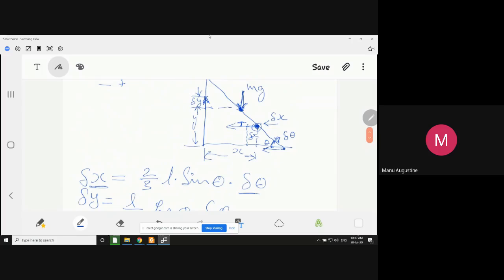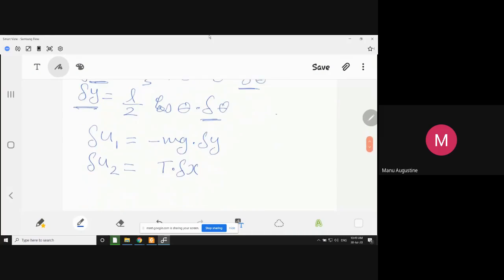It will be plus, because although tension is in the negative direction, delta x is also in the negative direction, the work done by T and delta x will be positive, because both of them are in the same direction. So it does not matter whether the same direction is leftwards or rightwards. If the force and displacement are having the same direction, then the work is positive. No questions asked. So this is plus T delta x.